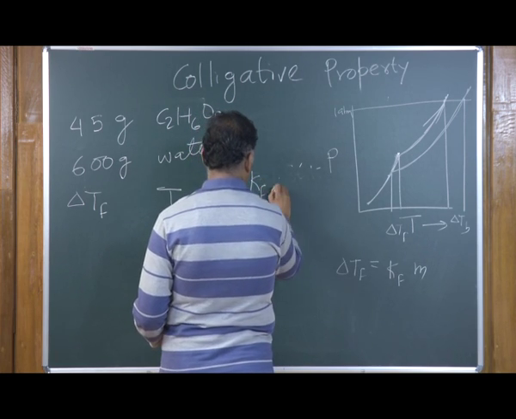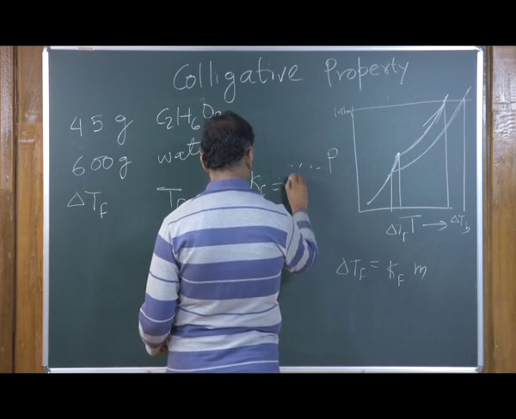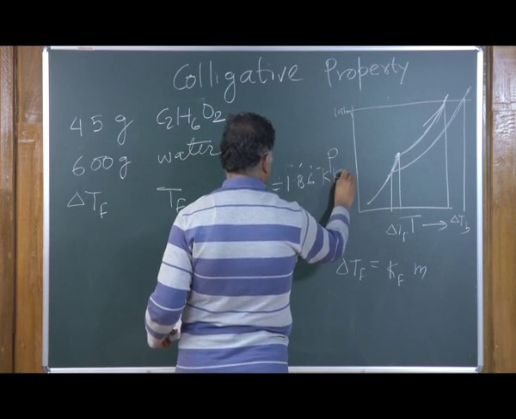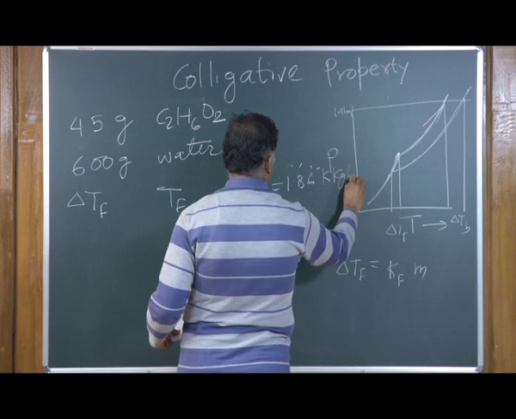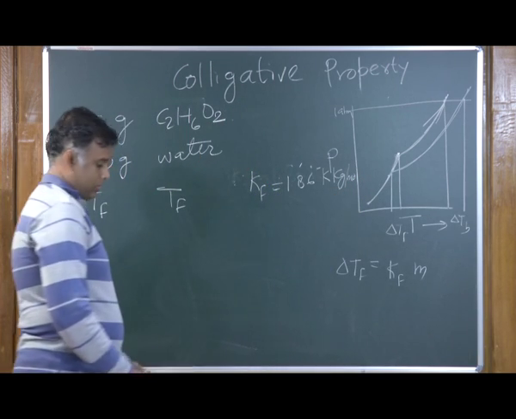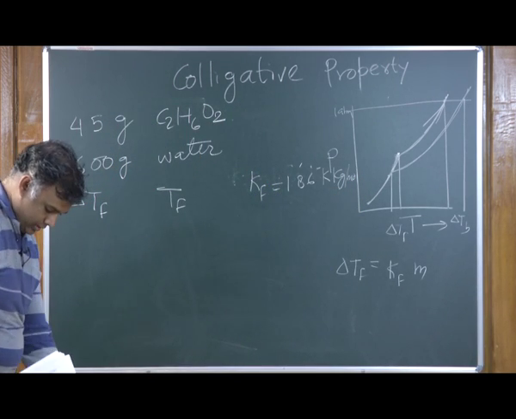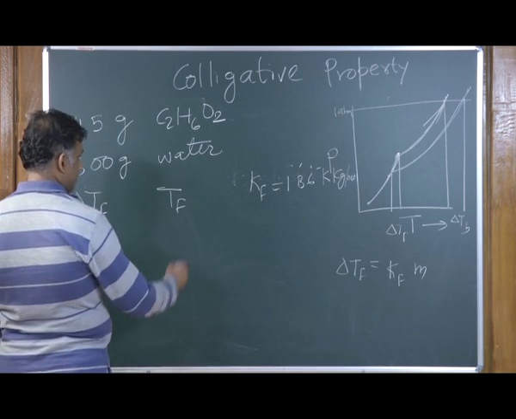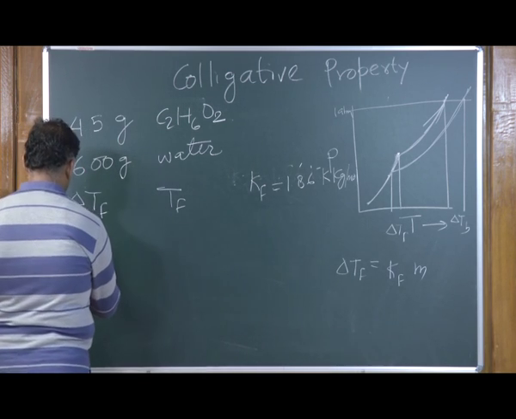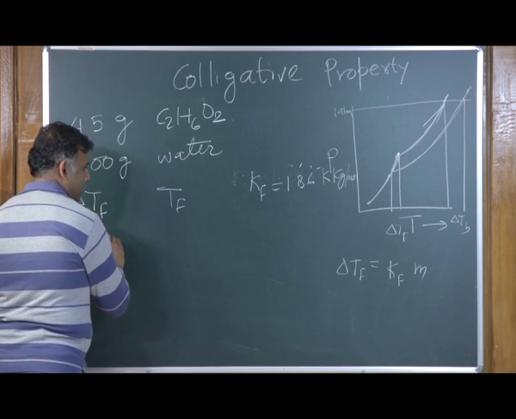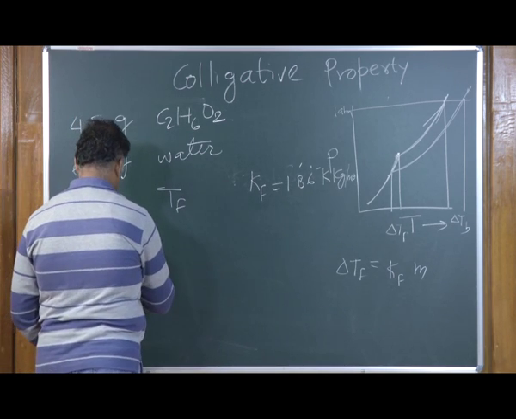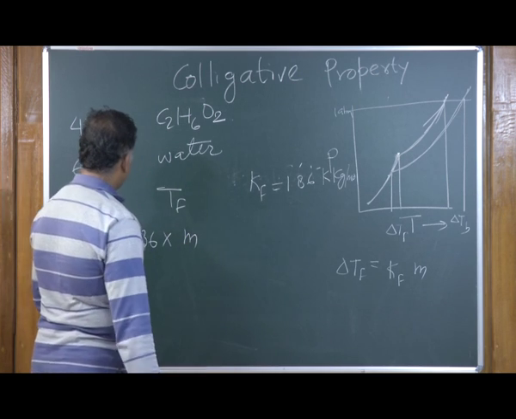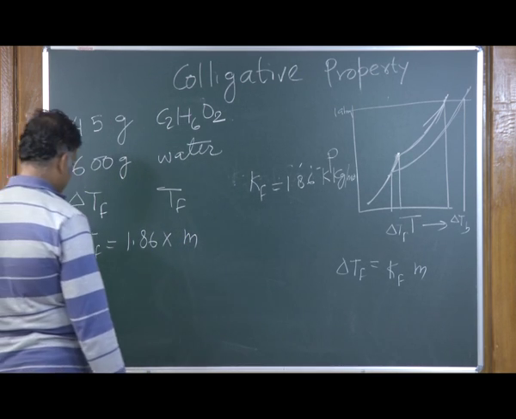Kf for water is 1.86 Kelvin kg per mole. Okay. So, now I have all the information as required. So, delta Tf is what we need to calculate, which is equal to this constant multiplied by molal concentration, and we need to calculate the molal concentration.